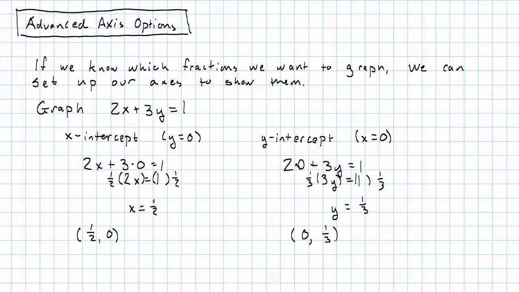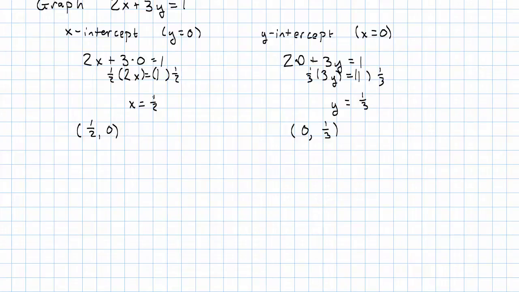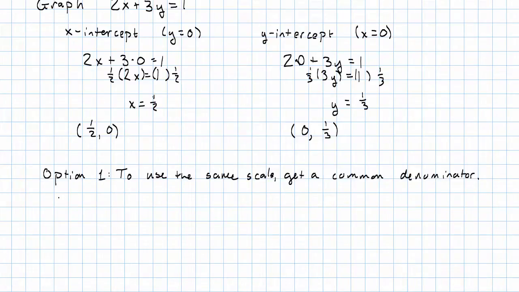Okay. We don't want to take any extreme measures in order to not have to graph these. We want to just graph these intercepts. How could we? If we want to draw our axes on the same scale, we need a common denominator. So 1/2 and 1/3. It's easy to see that their least common multiple is 6.